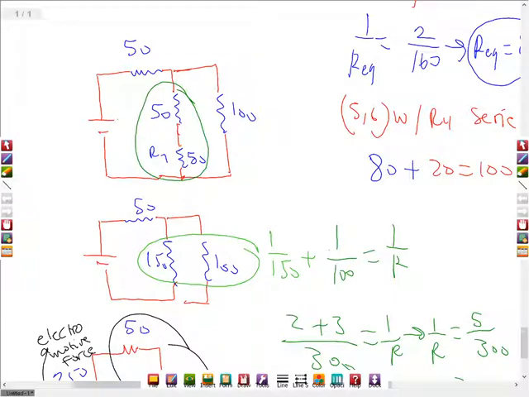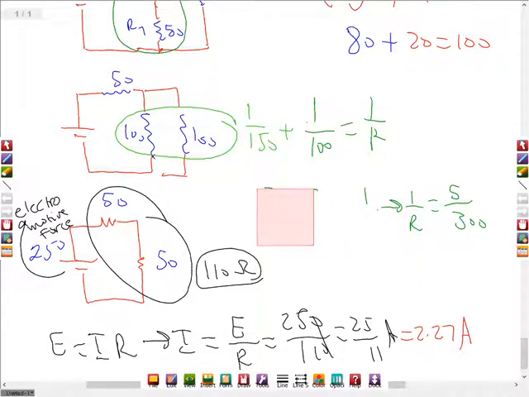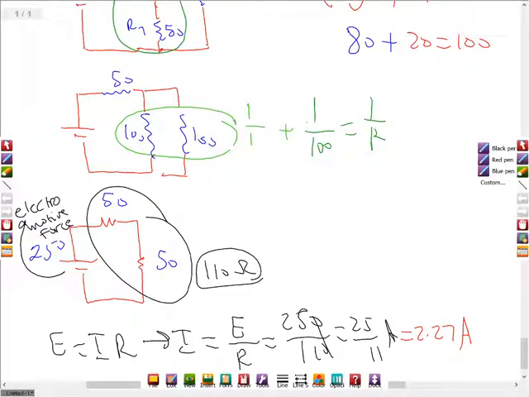And this is 100, and this is 50. Because here 100 and here 1 over R equals 2 over 100, flip it, R equals 50.